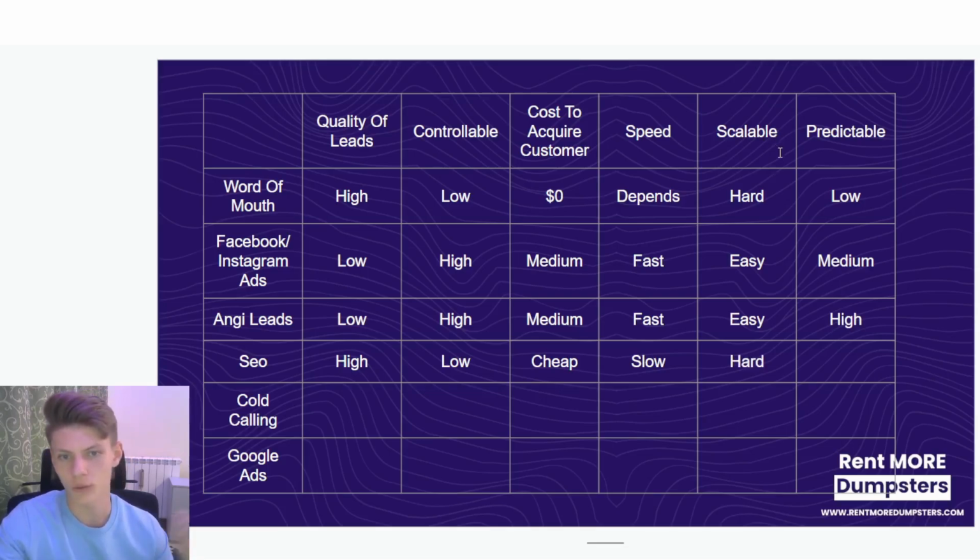When it comes to how scalable it is to get customers from SEO, again, it's really hard, because how could you scale? Again, it really all depends on your market. If people want to search for you on Google, you just cannot do anything about it.